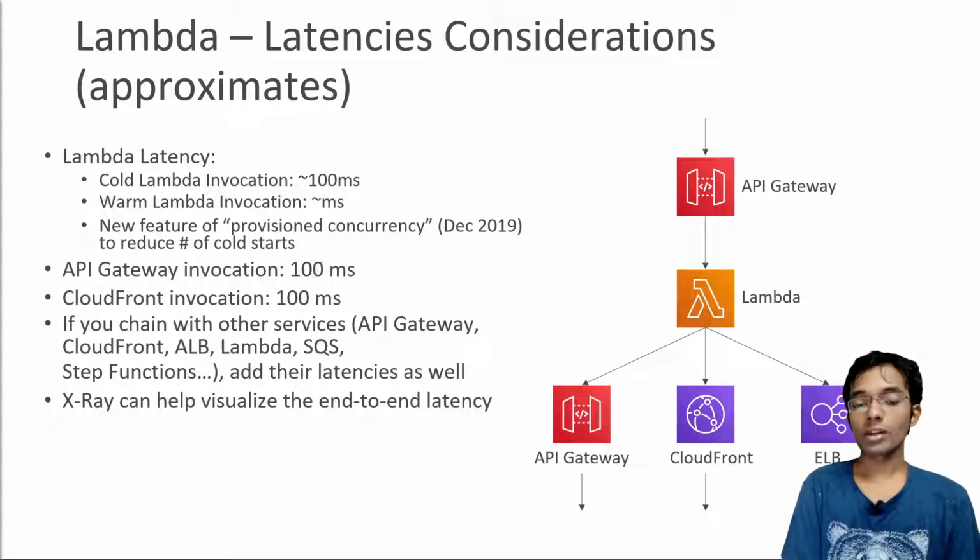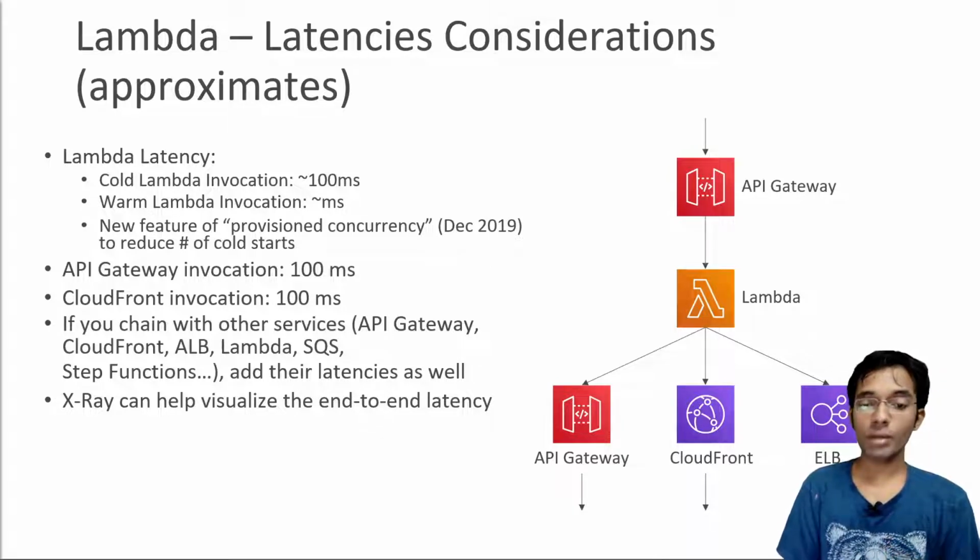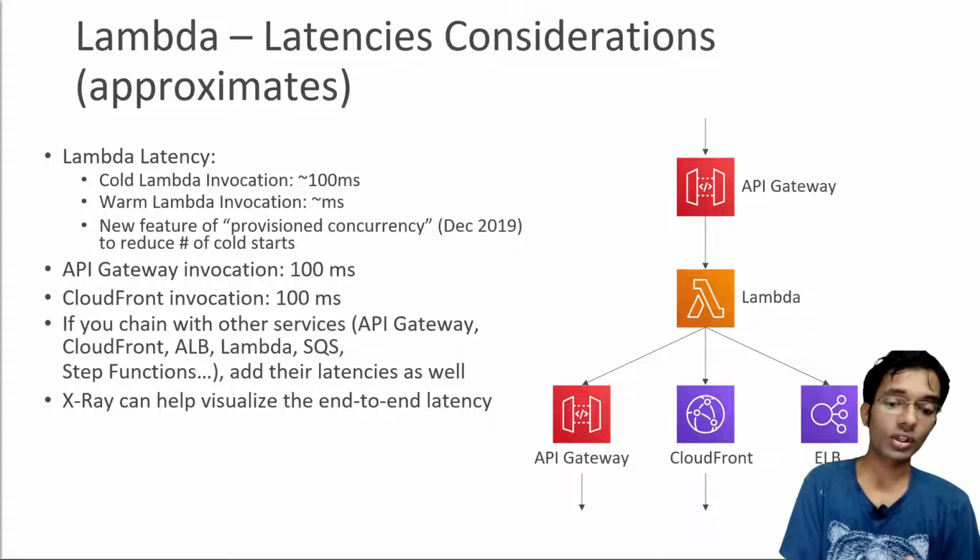One may be fronted by API Gateway, another by CloudFront, and maybe a third by ELB, an Elastic Load Balancer. So you are adding some API calls over the network, and that adds latency. Just to give you some approximations of latency, so you can realize how much latency will be added.